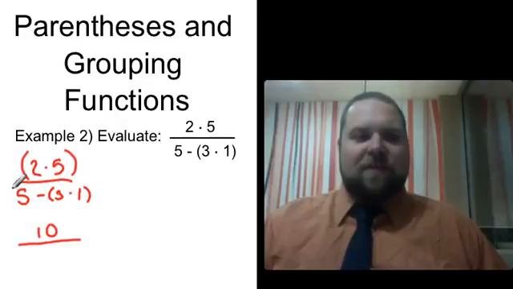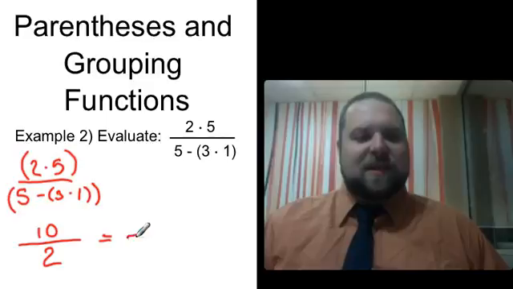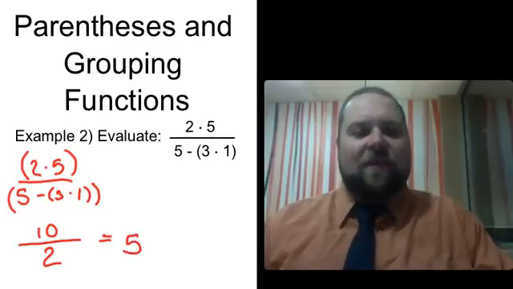And then I do everything on bottom as if it were in parentheses. So 3 times 1 is 3. 5 minus 3 would be 2. And then I can do 10 divided by 2, and find that this is 5.